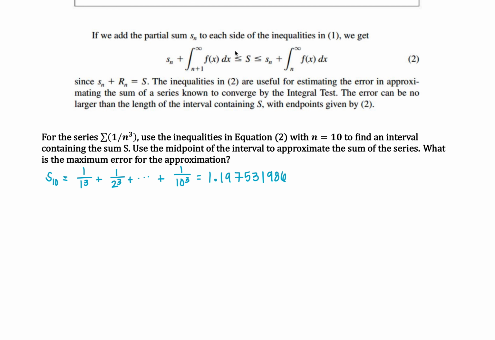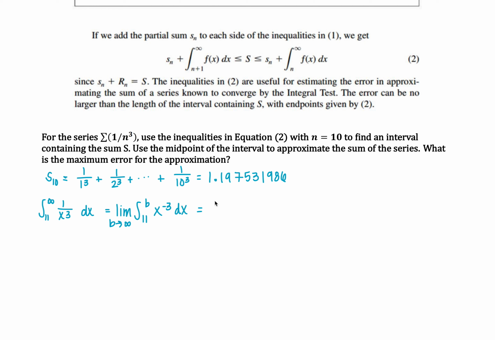And then I'm going to need to look at these two integrals. So I'm going to start here with the integral that, in this case, since n is 10, is going to go from 11 to infinity of 1 over x cubed dx. So this is the limit as b goes to infinity of the integral from 11 to b. I'm going to rewrite this as x to the negative third dx.